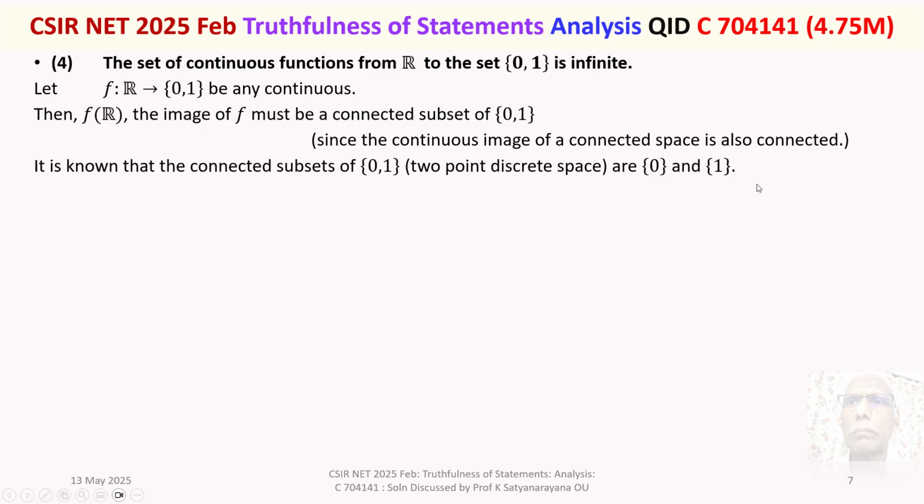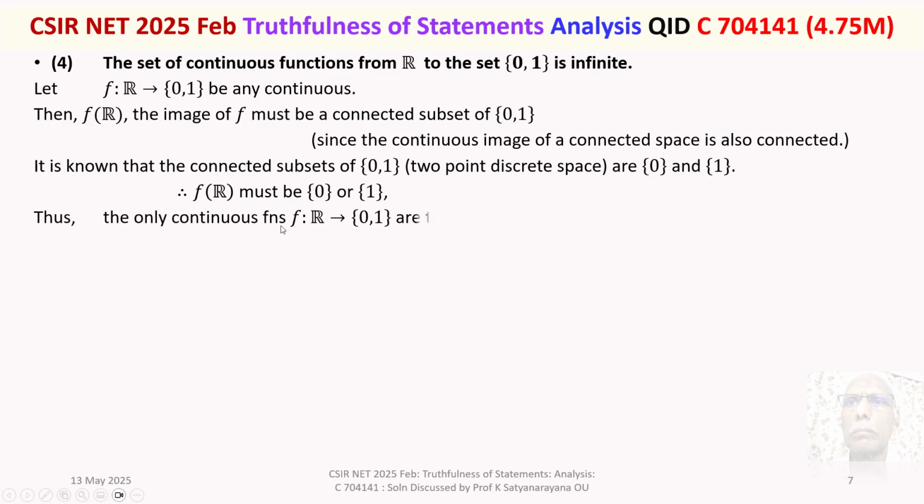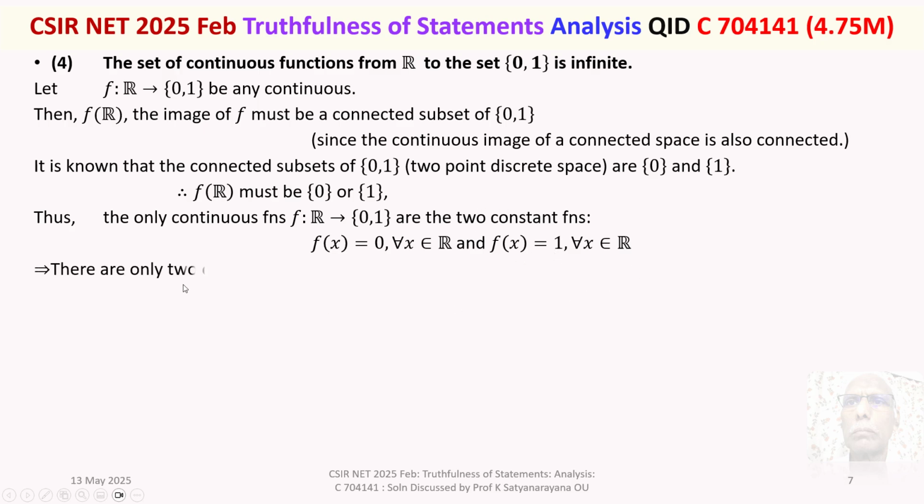So how many continuous functions will there be? There will be only two continuous functions. f of R must be singleton 0 or singleton 1. Thus, the only continuous functions from R to the two element set {0, 1} are two constant functions: f of x equals 0 for all x in R, and f of x equals 1 for all x in R. So there are only two continuous functions from R to the set {0, 1}.